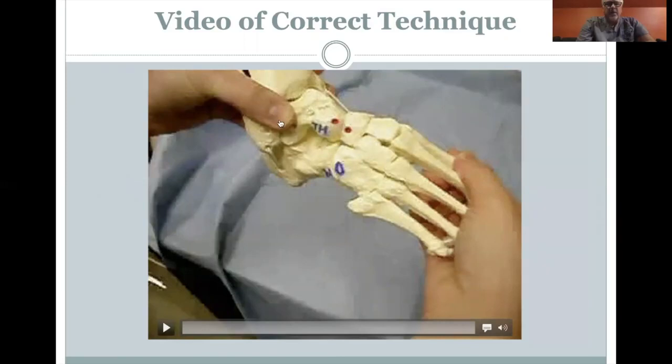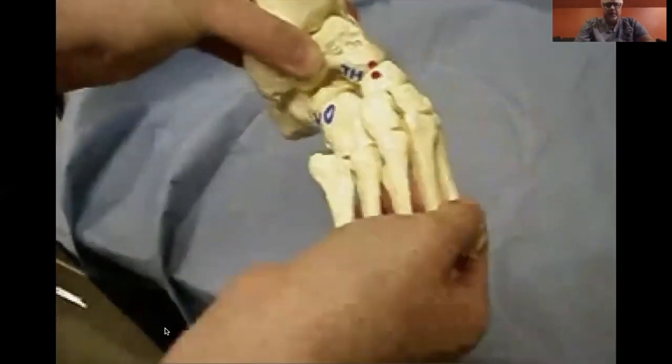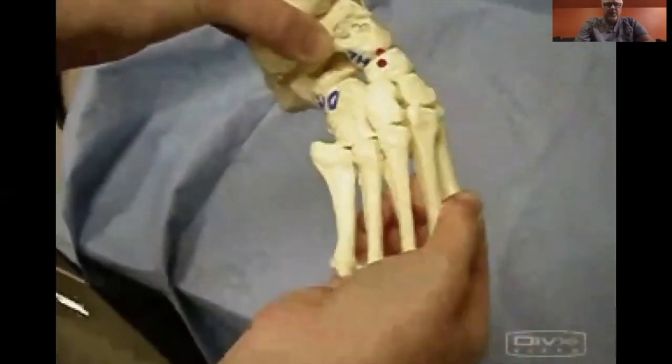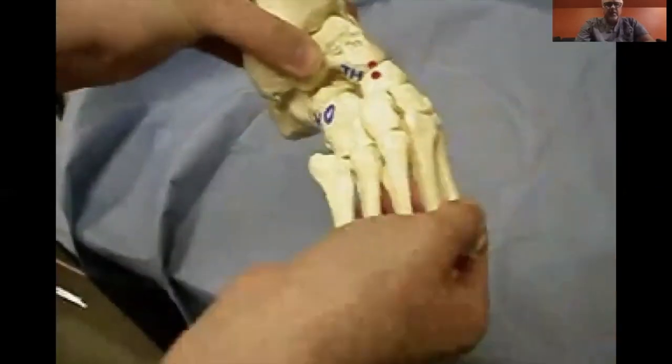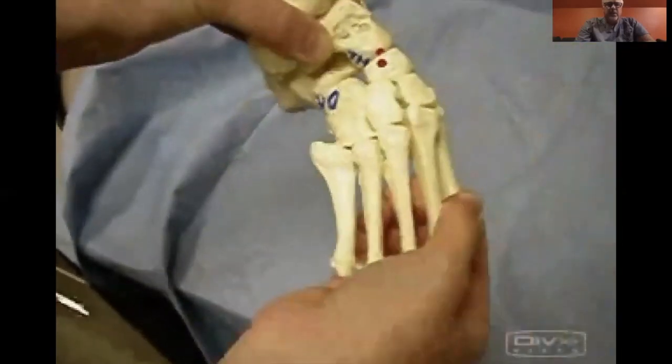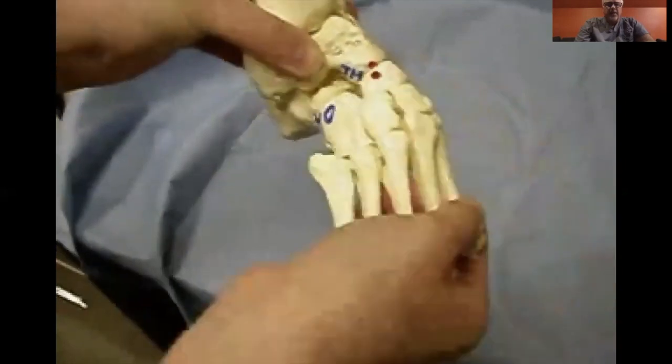With the Ponseti method, we're going to use the stabilized talus as a fulcrum. Then we're going to move the entire foot in supination and abduct it against that fixed talus. So here we go. You can see how those red dots start to move and get back into position. You're moving the entire foot as a unit around the stabilized talus.